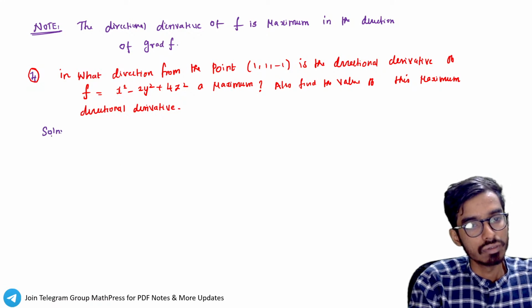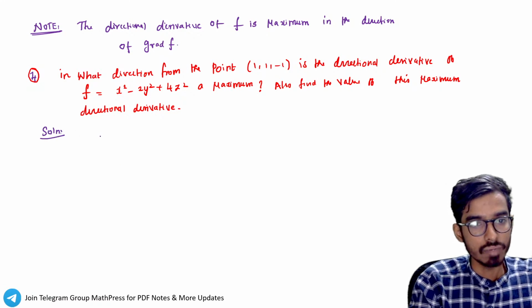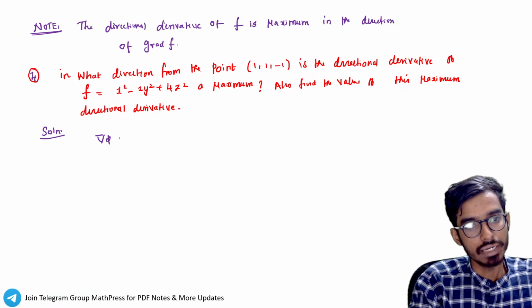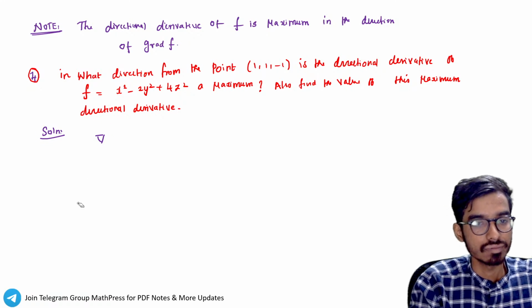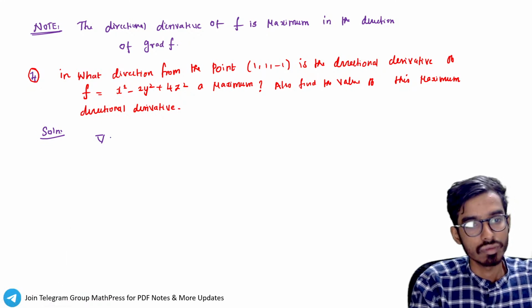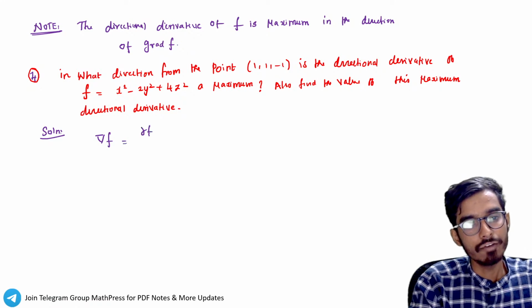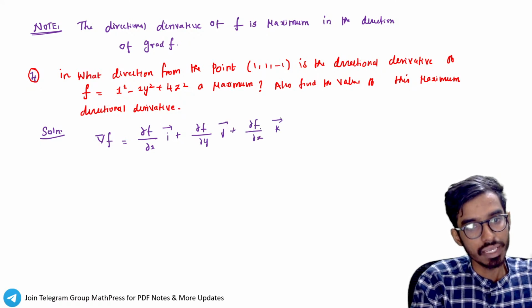Solution. So first we will find del phi at this point. So what is del f? It is dou f by dou x i vector, dou f by dou y j vector, dou f by dou z into k vector.